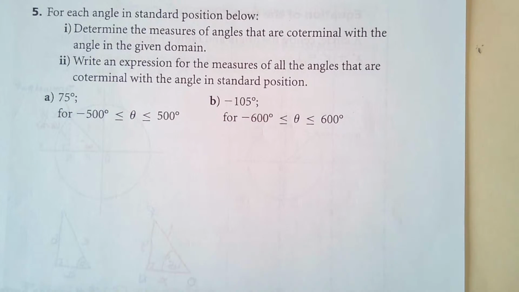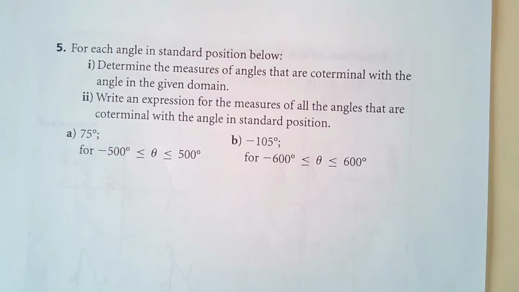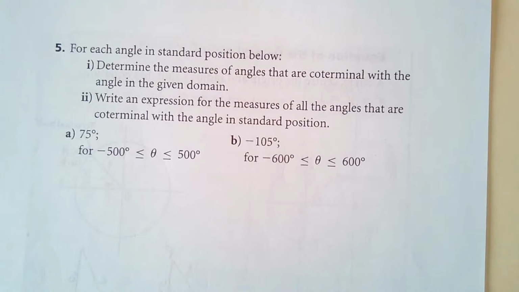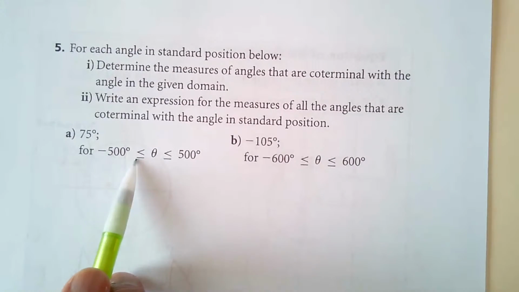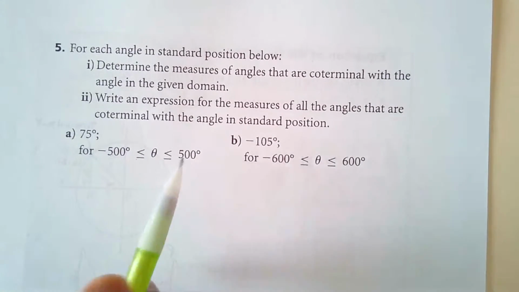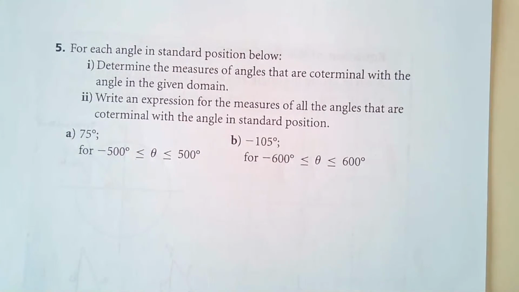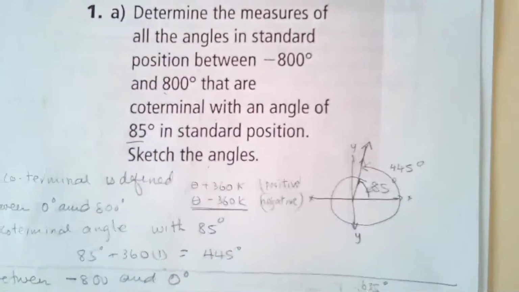Okay, for each angle in standard position below, determine the measure of the angles that are coterminal with the angle in the given domain. Write an expression for the measure of all angles that are coterminal with the angle in standard position. So here we have an angle of 75 degrees. We want to find the coterminal angles between negative 500 and 500. This is almost identical to the first question we did here today.